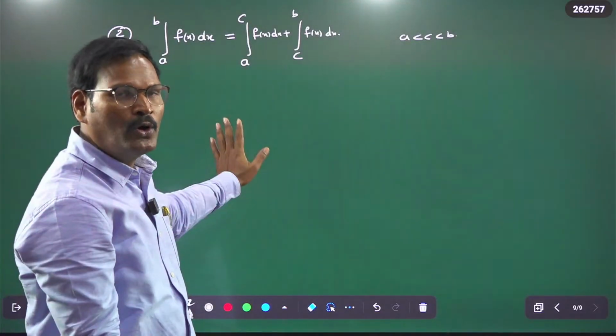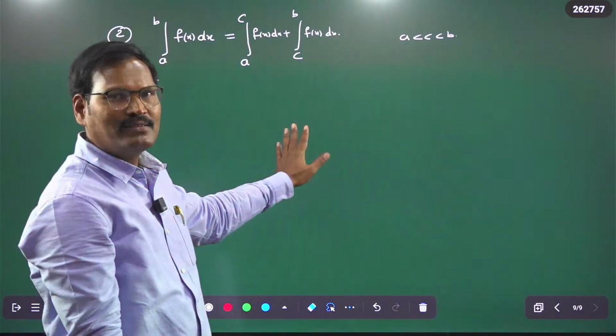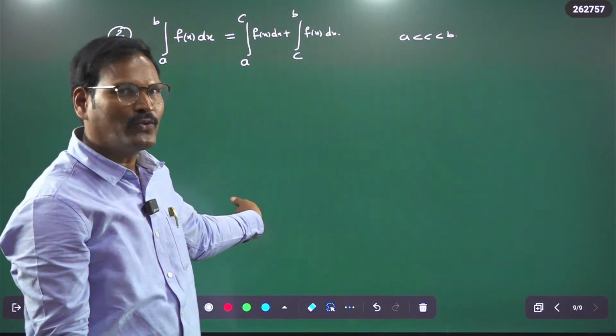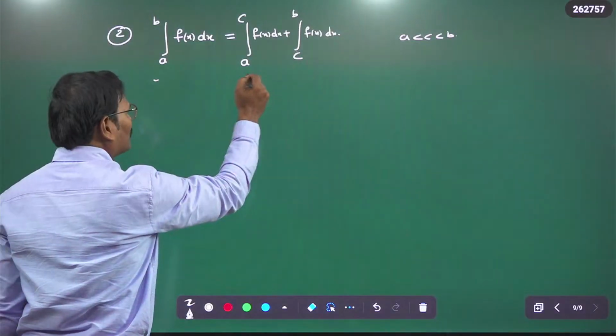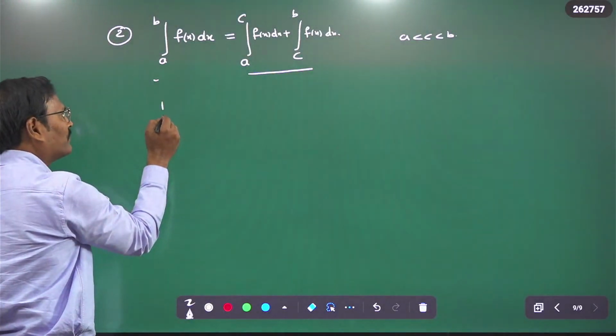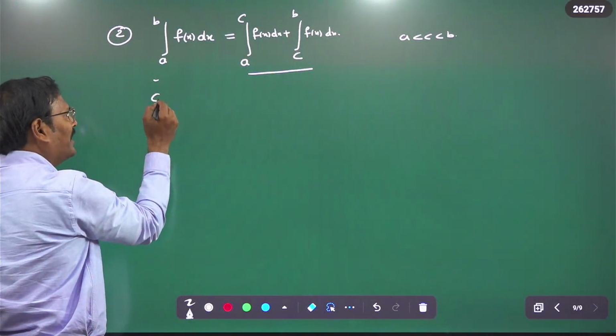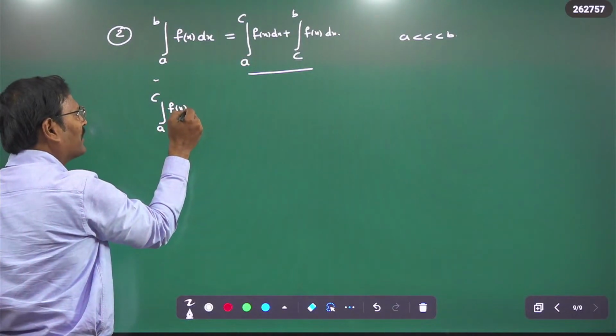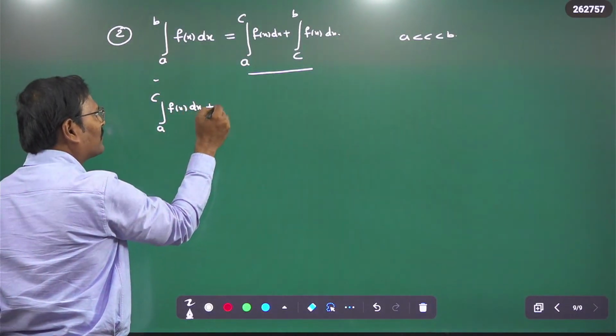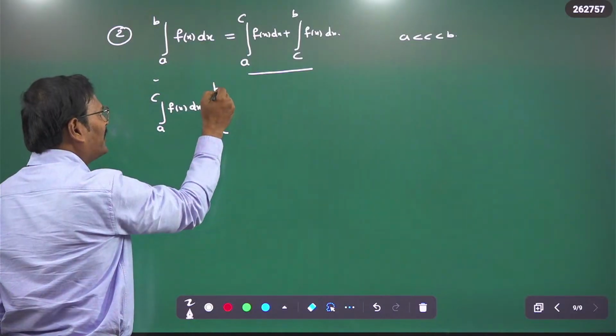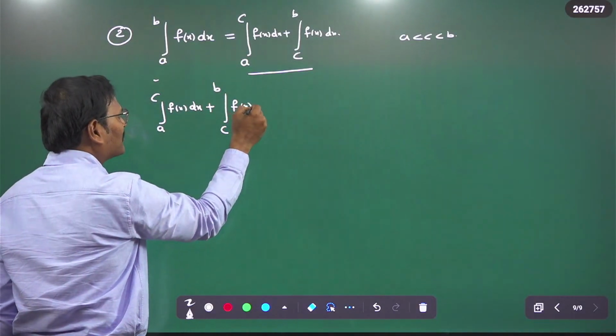Now I am going to prove this. For proving this I am taking the RHS first. The RHS is integral a to c f of x dx plus integral c to b f of x dx.